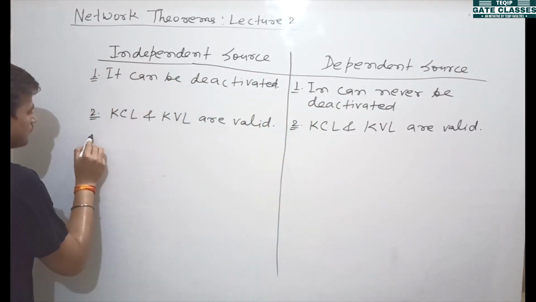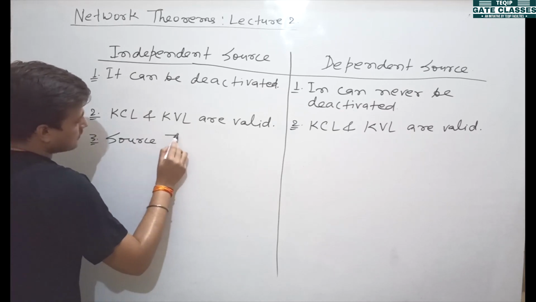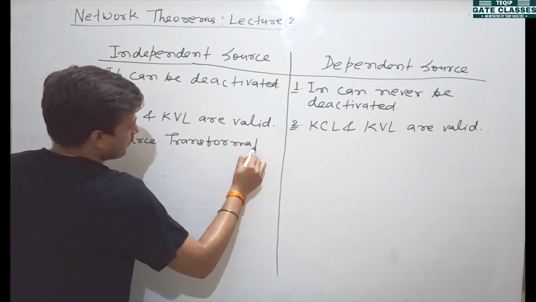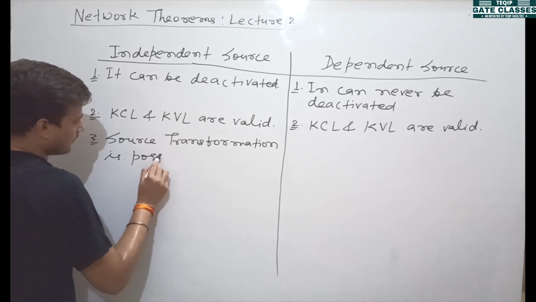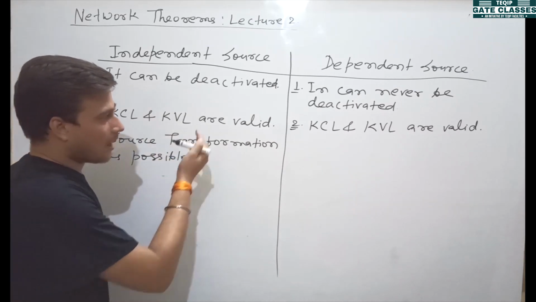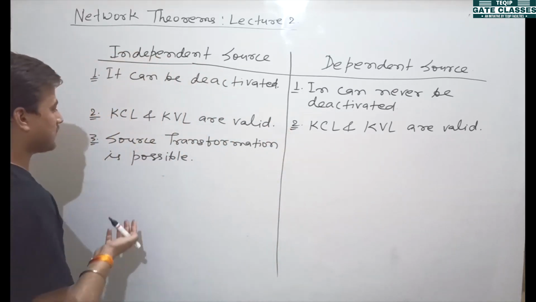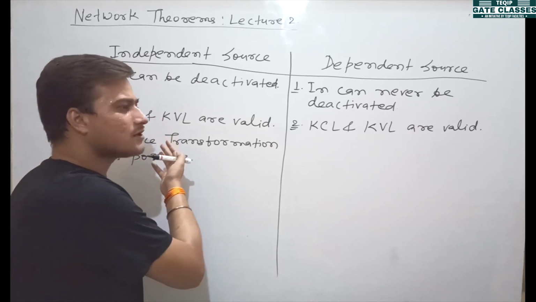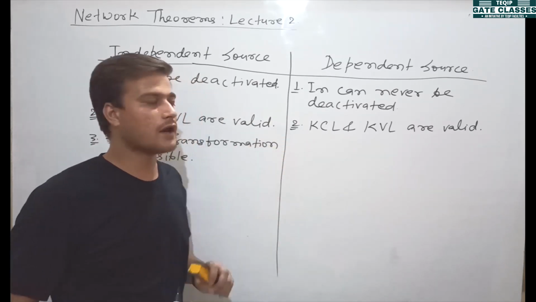Third point, source transformation is possible. After writing all the differences, we'll see what source transformation is. Source transformation being possible means a current source can be converted to a voltage source and a voltage source can be converted to a current source.